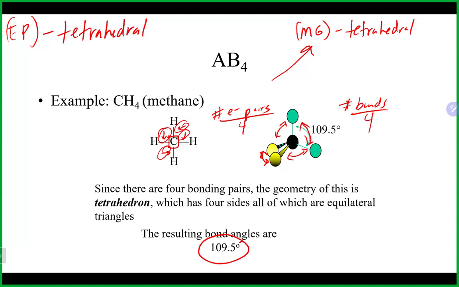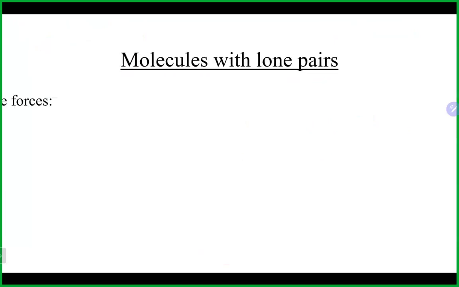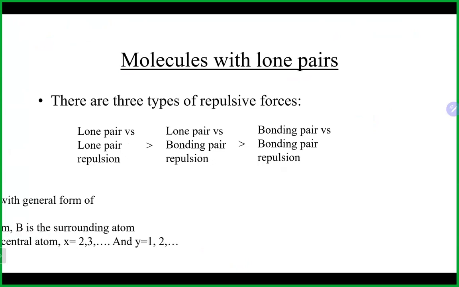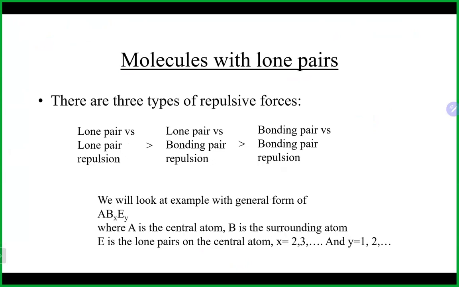Now, the other factor that comes into this is the types of electrons that you have present and the interactions that you have present when you start to have non-bonding electrons. So there's sort of a worse situation and a good situation-ish. The good situation is what we were just talking about, and that's bonding electrons near bonding electrons.